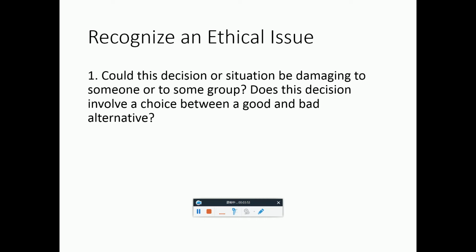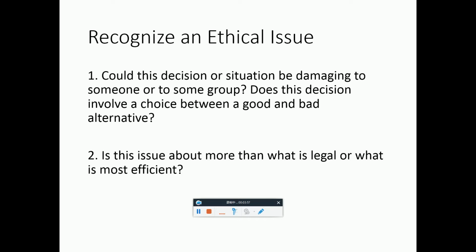Could it be hurting some people? Recognizing ethical issues also entails asking whether the issue is about more than what is legal or what is more efficient.